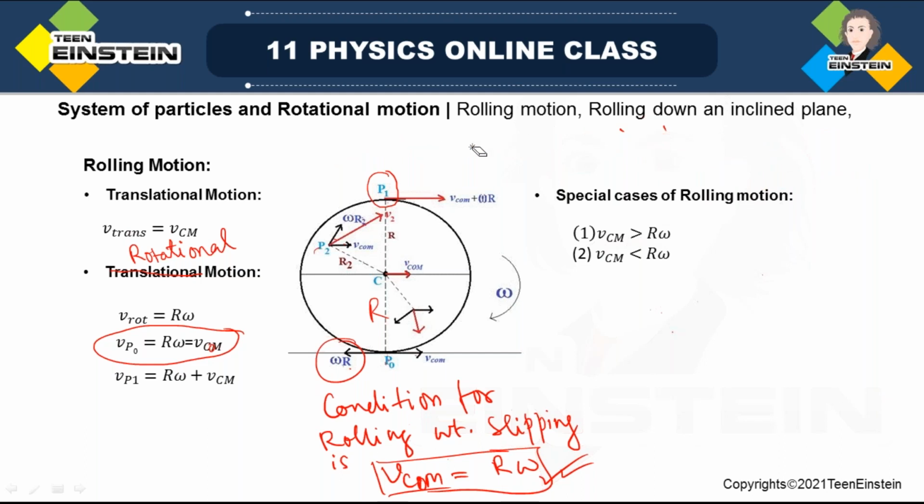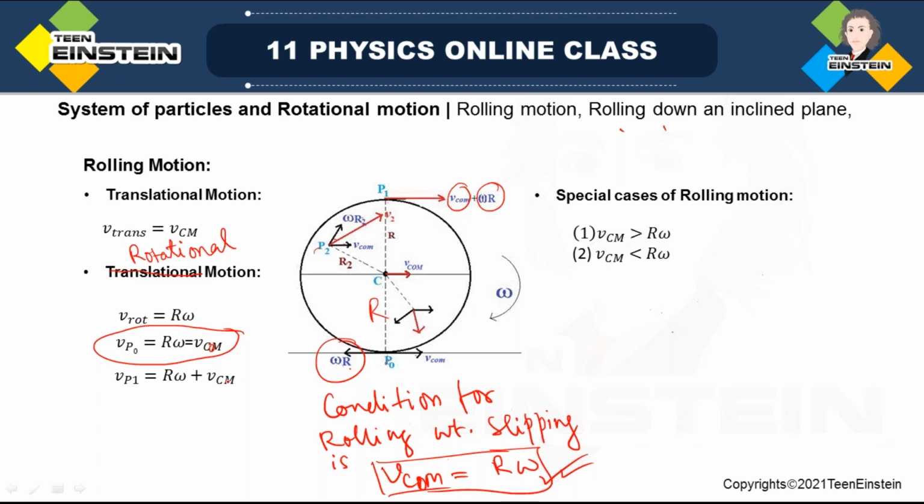Now we will see the velocity of the top point. This top point P1 is moving in the forward direction, so it has velocity due to rotation and translation both. Due to translation it is VCOM, and due to rotation it has R omega.